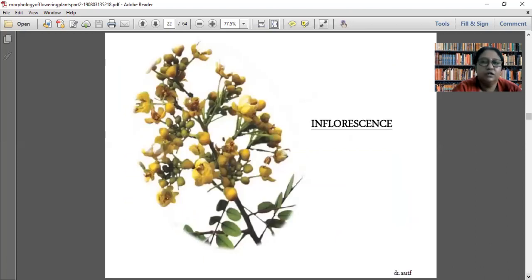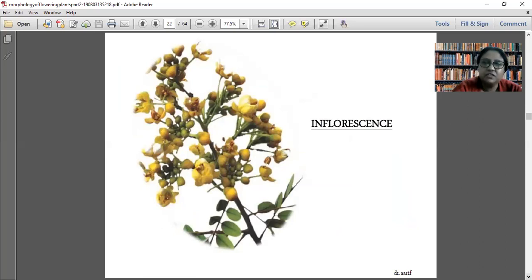Now we will talk today about inflorescence. So what exactly is inflorescence? Inflorescence, beta, is the arrangement of flower in a plant. You must have seen, for example, in case of rose or sunflower, there is a single flower, either at the tip of the plant or at the tip of the branch.